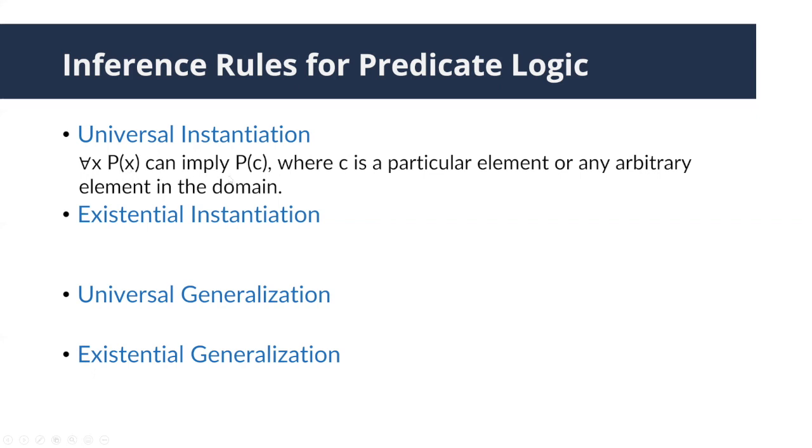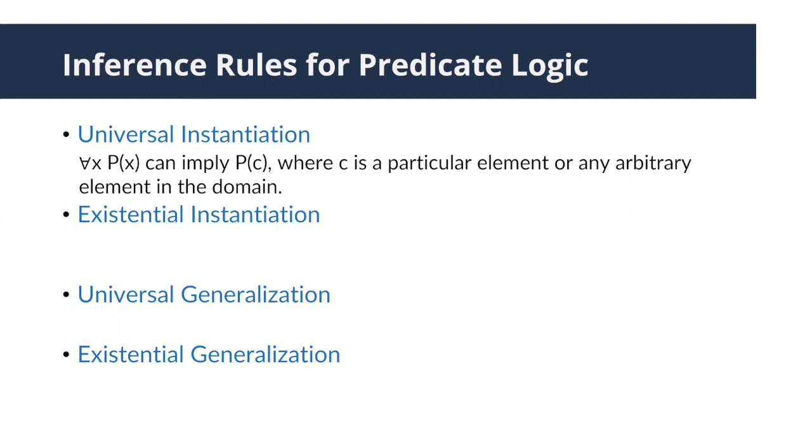Here, what this means is if for any x px is true, then pc must be true. This rule is very intuitive because if all the elements in the domain have property p, then of course any element, either a particular element or an arbitrary element in the domain, must also have this property.